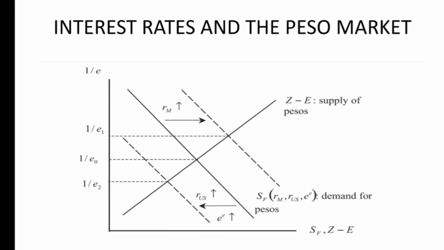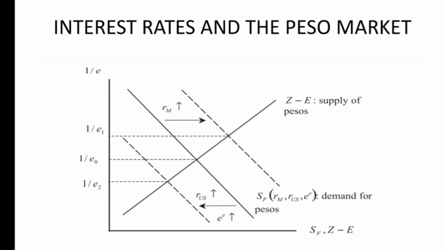From this equilibrium, suppose that the RM increases. There is an increase in demand for pesos, which shifts the demand curve to the right and raises the value of the peso to 1 per E1. As you can see, the arrow shifts to the right, which is an increase and makes a new equilibrium, which is E1.